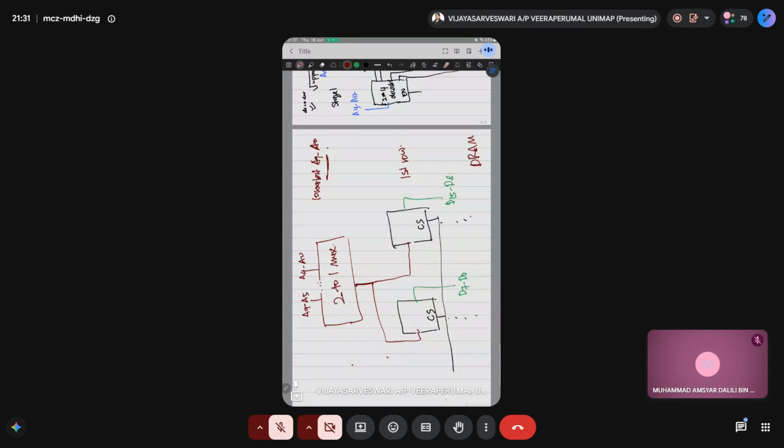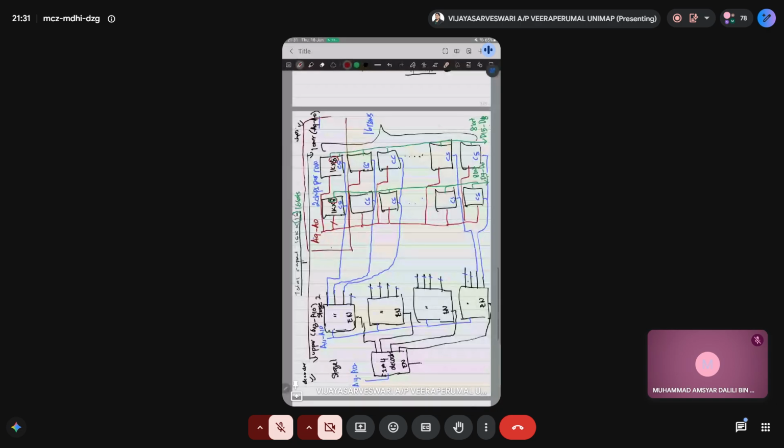Okay, apa yang difference DRAM dengan SRAM? Saya letak yang ni untuk SRAM, SRAM kita tak ada mux. So what is the difference between using the mux and without using the mux? If let's say I give an input of A9 to A0, this CS will become like a chip selection.